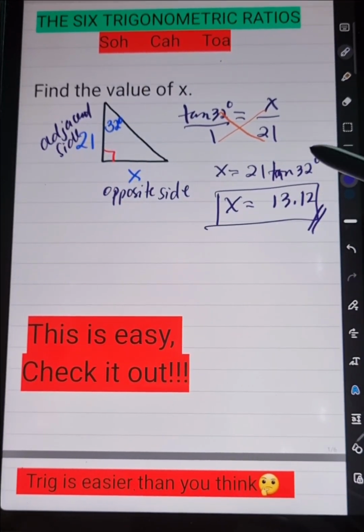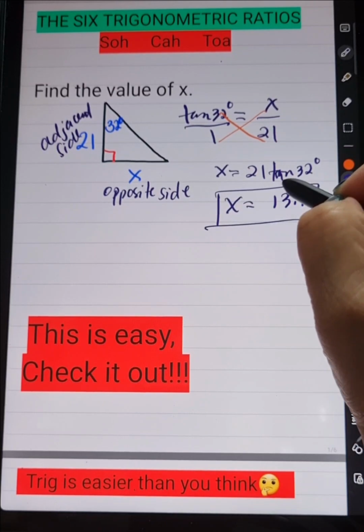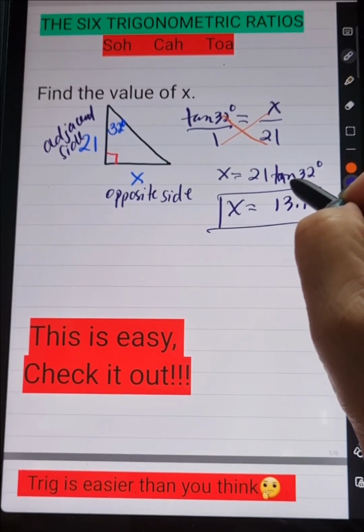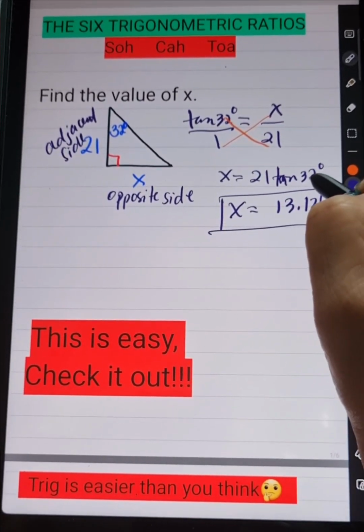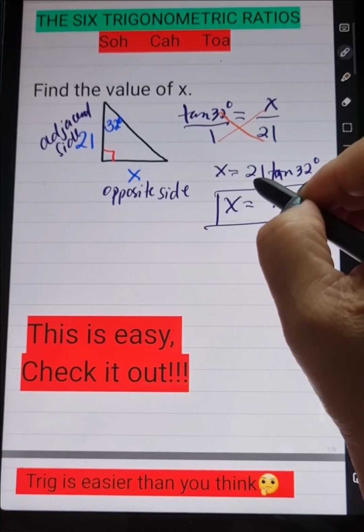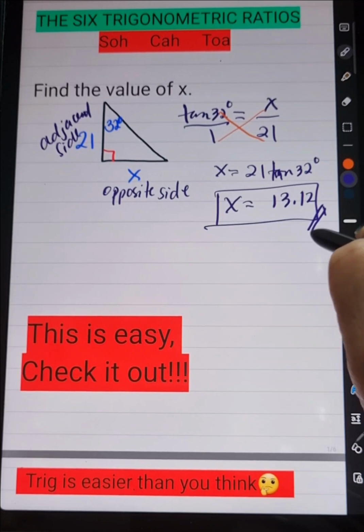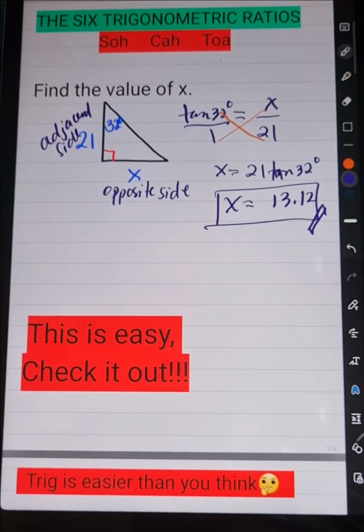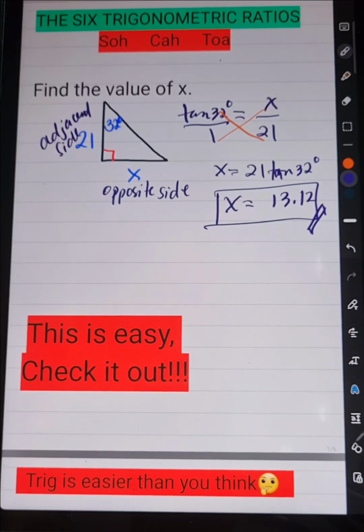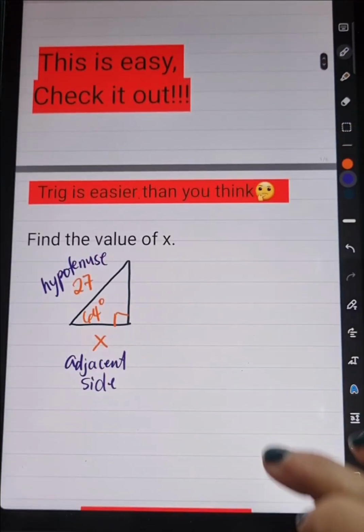Now, in case you're going to get the tangent 32 first, don't round off. Just multiply that to 21. Then at the end, that's the time that you're going to round off. It depends if you want 4 decimal places, 2 or 1. Okay? Next, look at this one.